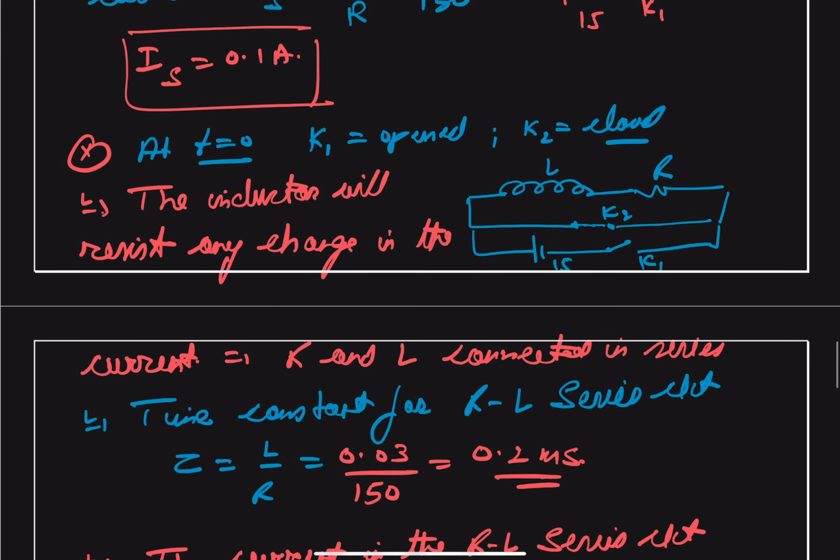So this is our current at t equal to 0, which we are calling I initial.